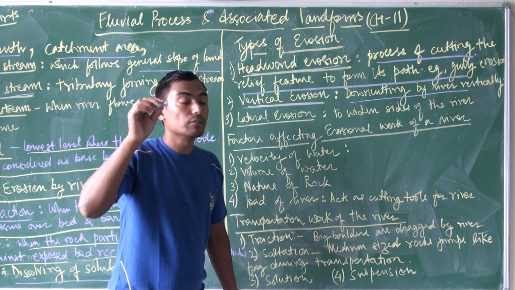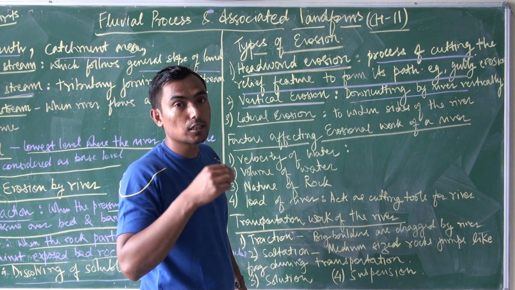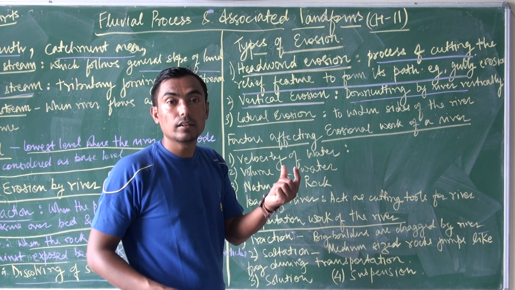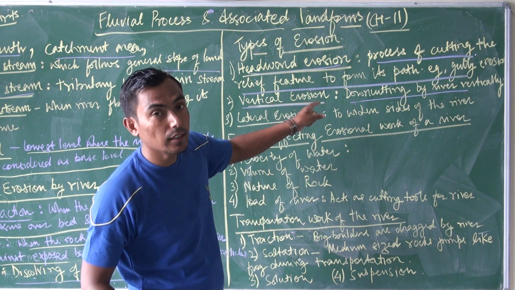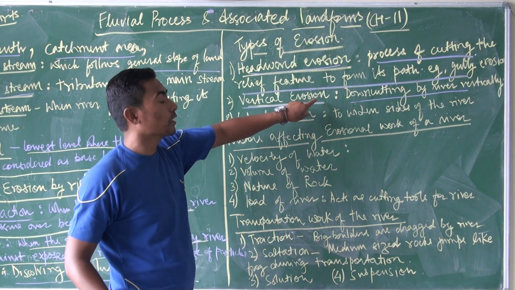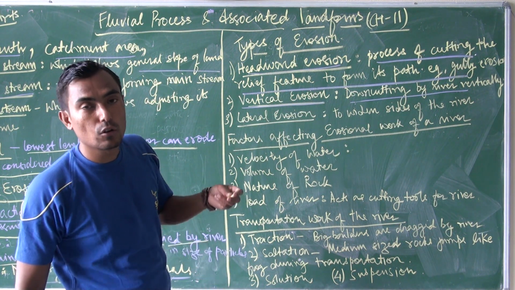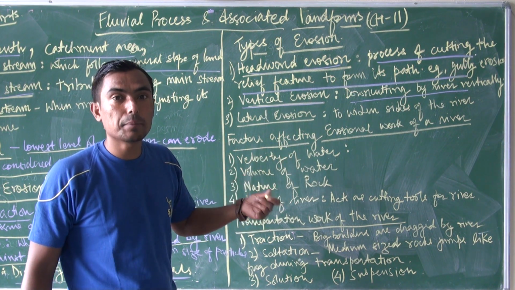So as the river starts eroding the base of the river, it results in vertical erosion. And when vertical erosion takes place, it results in the formation of a gorge, a I-shaped valley.